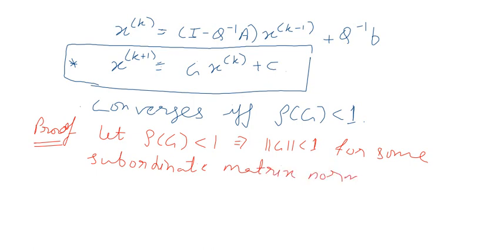So we are choosing that same norm. So the norm of G is less than 1 for some subordinate matrix norm.